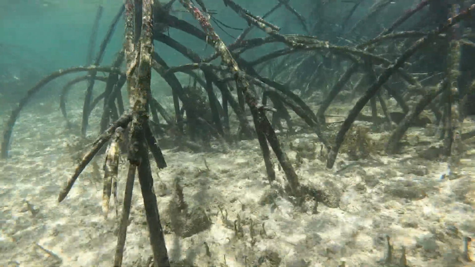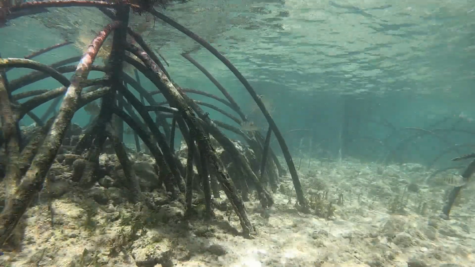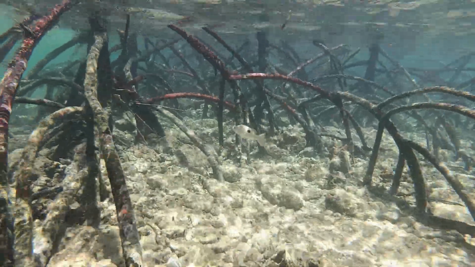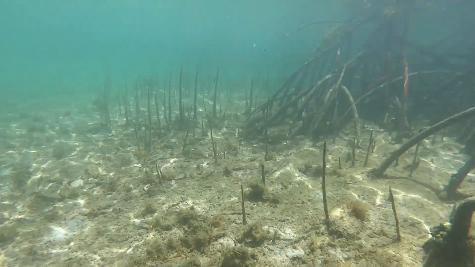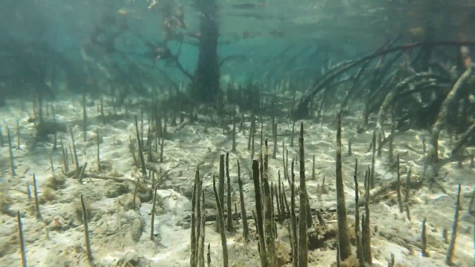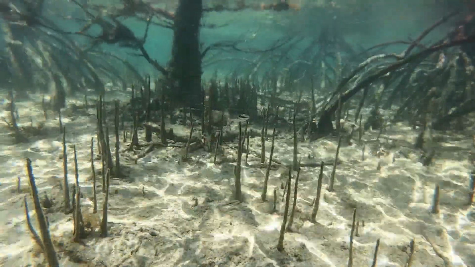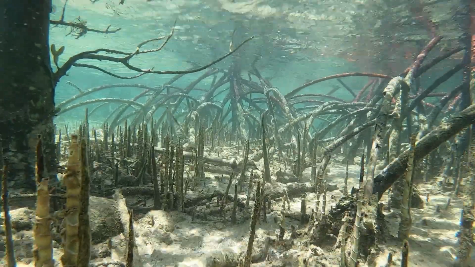The detritus resulting from the accumulation of dead leaves in the benthic muds of the mangrove plays an essential role as a major energy input in the food webs of the consumers of the aquatic environment of the mangroves. The considerable vegetal productivity of the mangroves is the origin of an important secondary productivity of the aquatic food web.